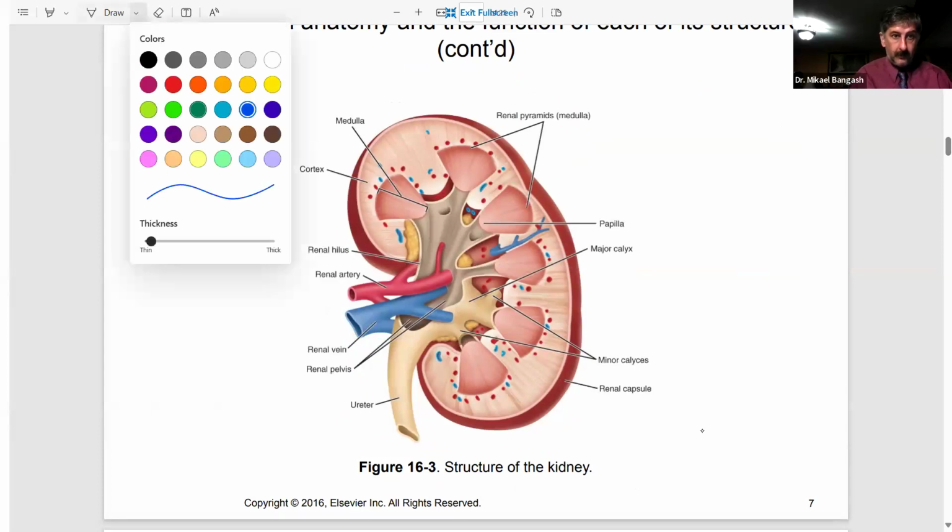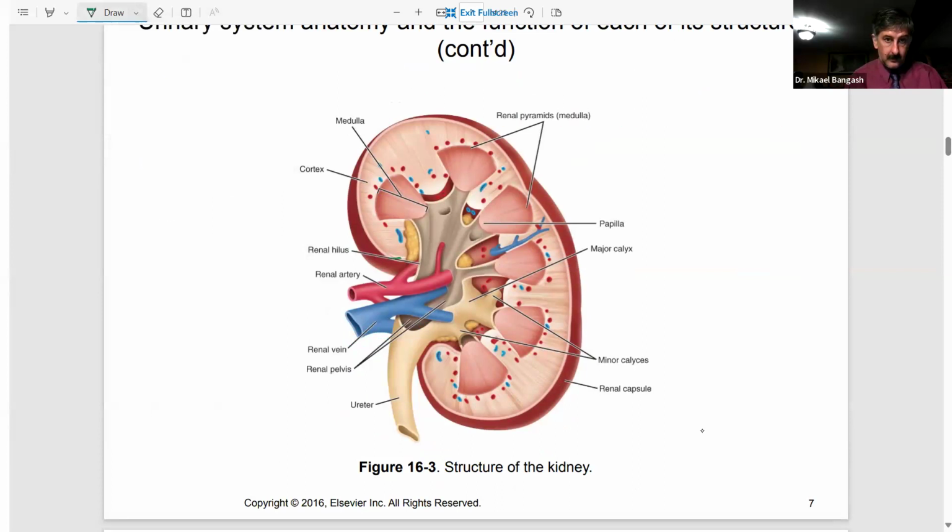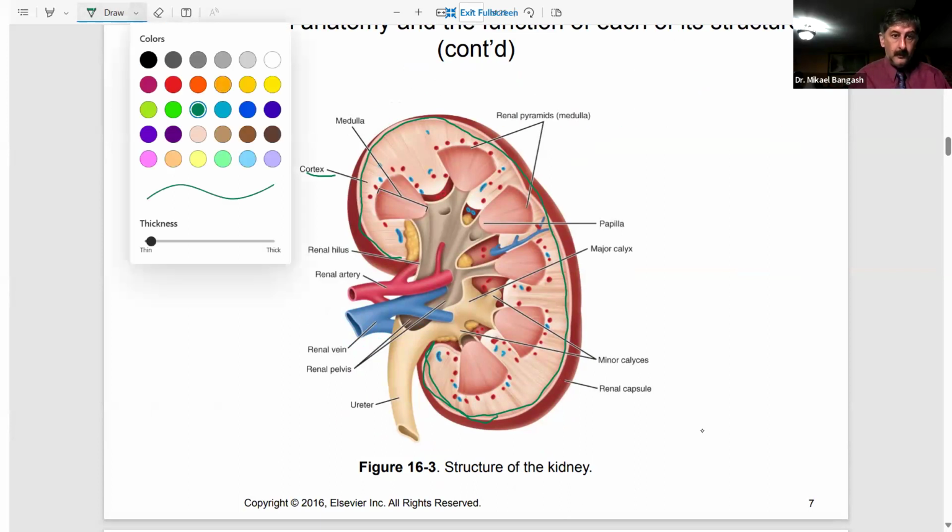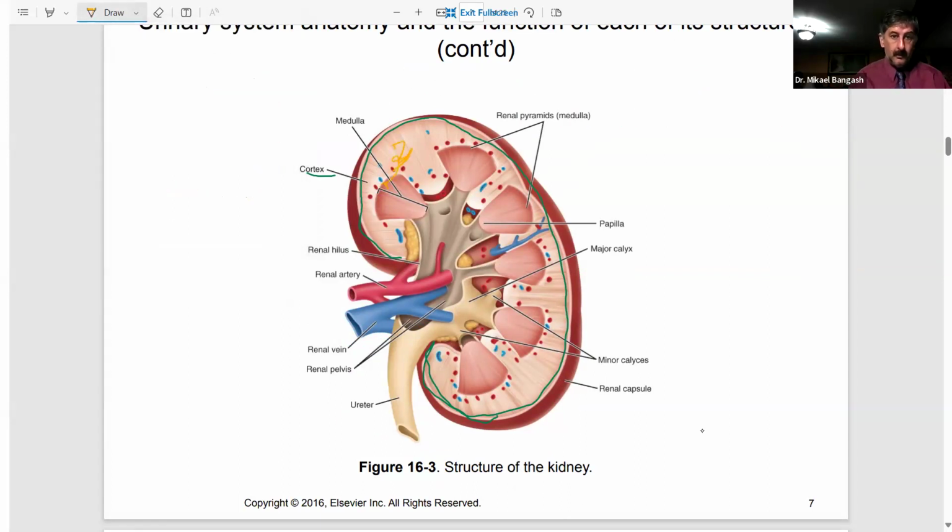And pretty much what we can say is this is going to be the cortex. And then all of this here will be the medulla.